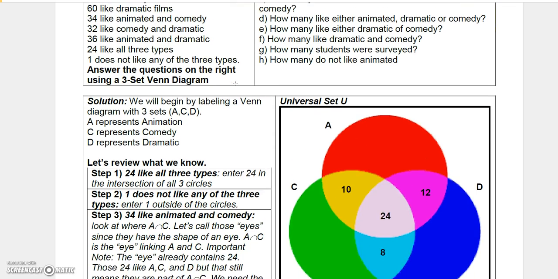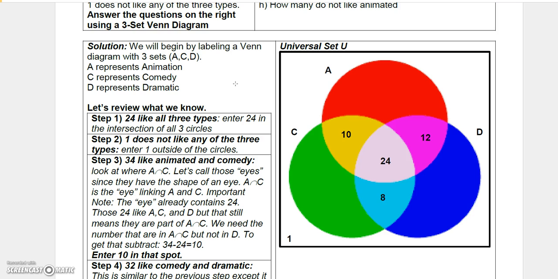So what I'm going to do here is I'm going to give you the 3 circles. So this top circle here represents the ones that like animated films. The green circle here is the ones that like comedy, and the blue is the ones that like drama. Now, in order to fill this out, we just use the information we're given.